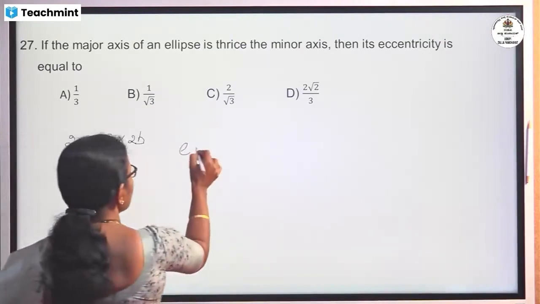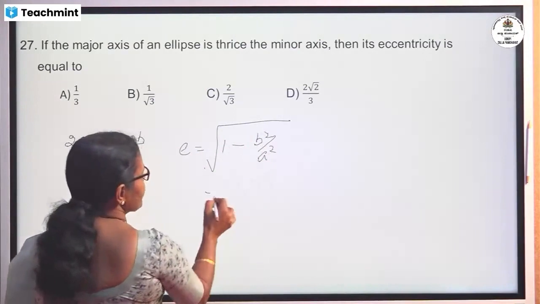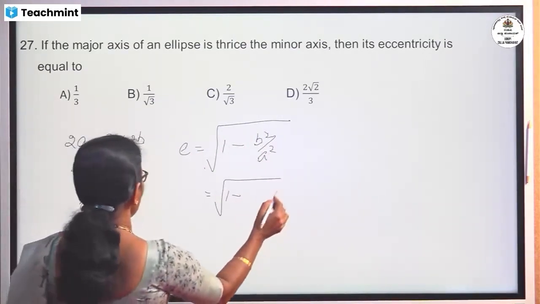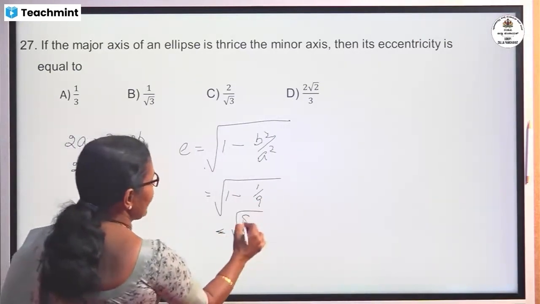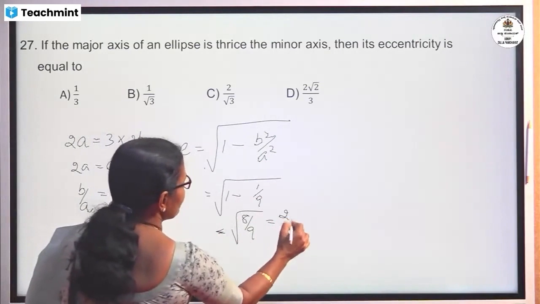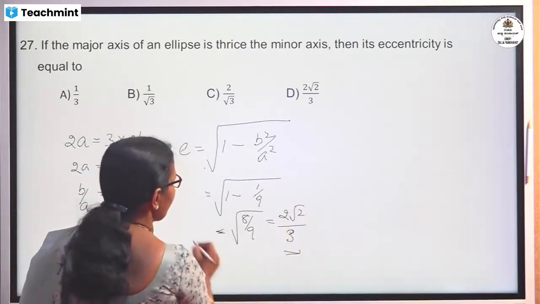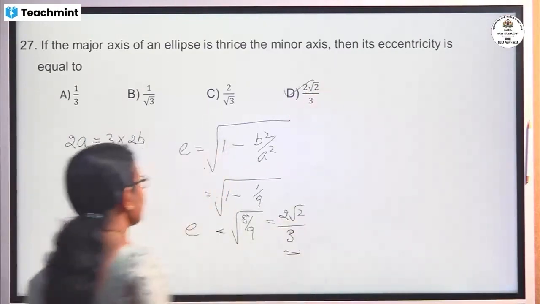Then eccentricity E is equal to square root of 1 minus b square by a square, root of 1 minus 1 by 9 equals square root 8 by 9, that is 2 root 2 divided by 3 is the correct answer. E is equal to 2 root 2 divided by 3. D is the correct answer.